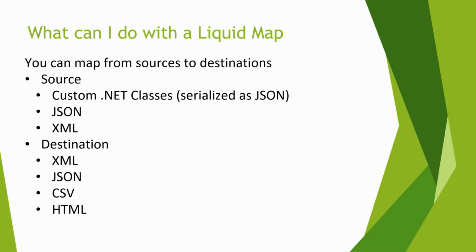Then what I did is serialize that out as JSON, and then use the liquid map to map that. So our destination can be XML, JSON, CSV, HTML. It could even be something like, I'm showing my age a little bit here, the fixed position 80 column card type thing where I'm padding fields out. So I can do all of those different things with a liquid map.